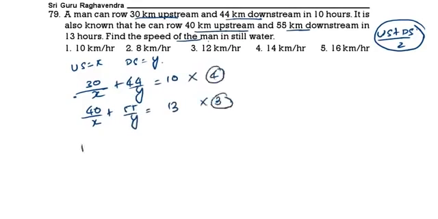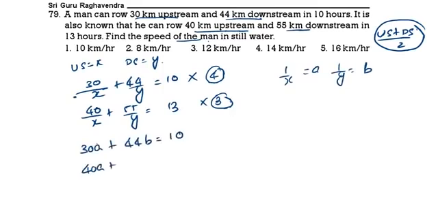Then you can take 1 by x as a, 1 by y as b. Then it becomes 30a plus 44b is equal to 10, 40a plus 55b is equal to 13.